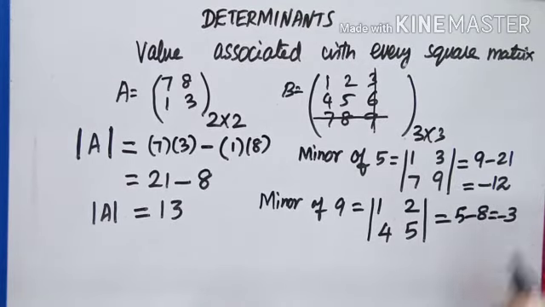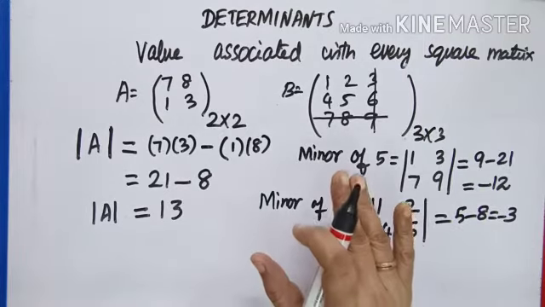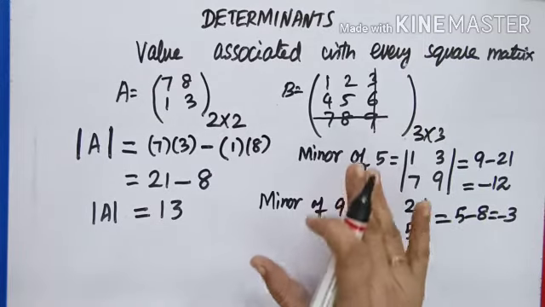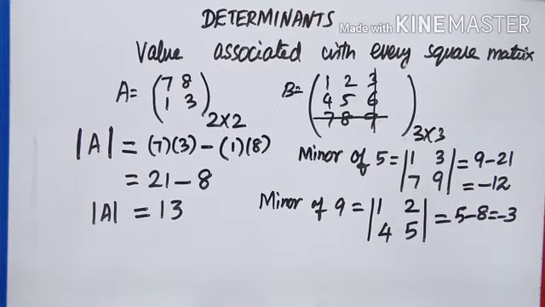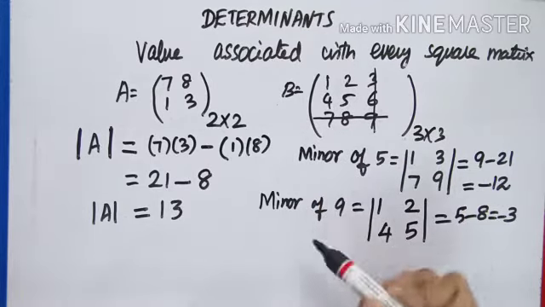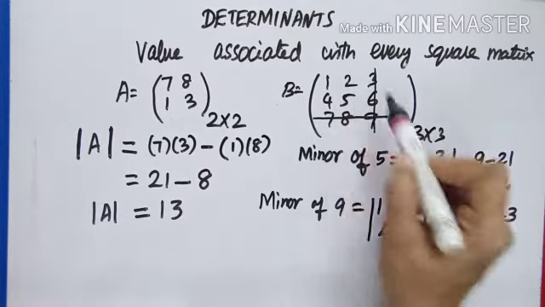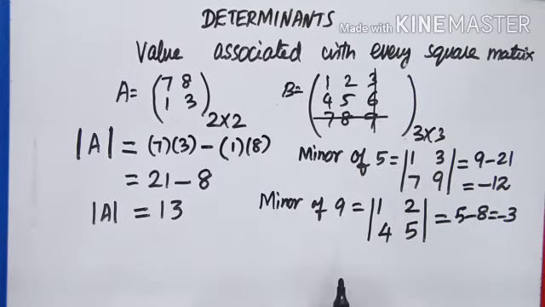My answer is minus 3. So for minor, suppress or hide the row and column where the element is present. Now, for every element, I can find minors. There are 9 elements, so I can find out 9 minors.